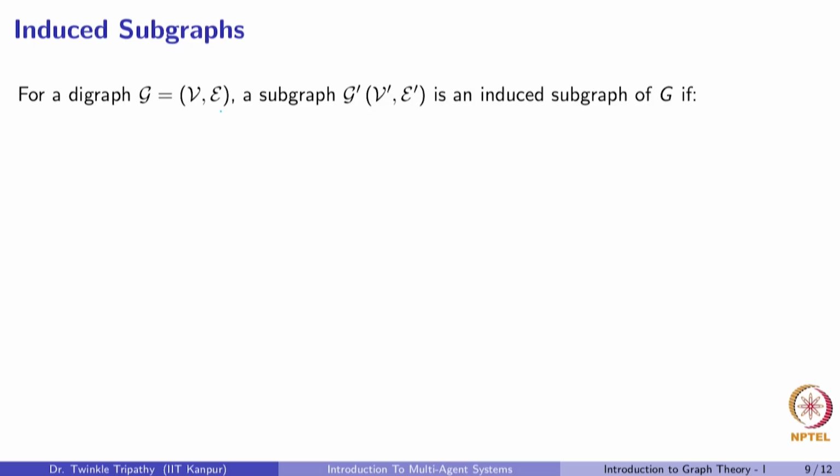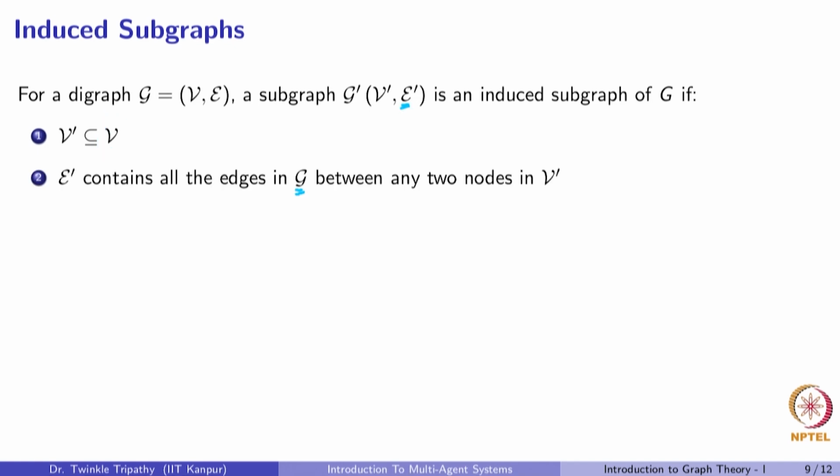Again, let us start with a digraph G, vertex set V and E. A subgraph G prime becomes an induced subgraph only if, first of all, the set of vertices is a subset of the set of vertices of the larger graph, and E prime contains all the edges in G between any two nodes in V prime.